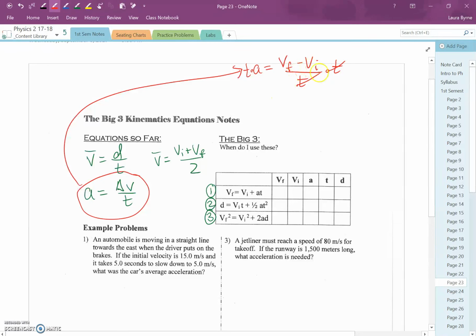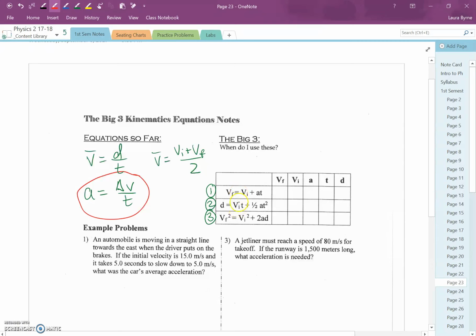So I'll multiply both sides by t, and then I'll add vi to both sides. So I get vf equals ta plus vi. And if you just rearrange that a little bit, you end up with our first equation, vf equals vi plus at. I'm going to go on and derive the next one, so feel free to pause here.